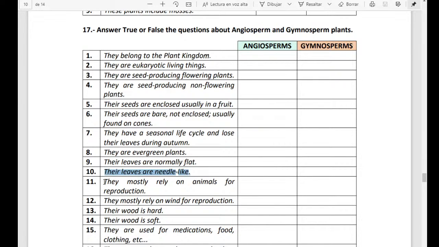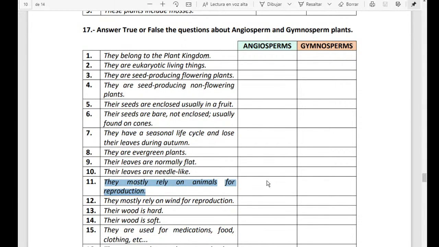Okay, we're finishing. Now, they mostly rely on animals for reproduction. So, are we talking about angiosperms or gymnosperms?